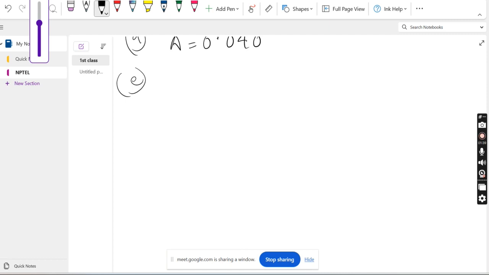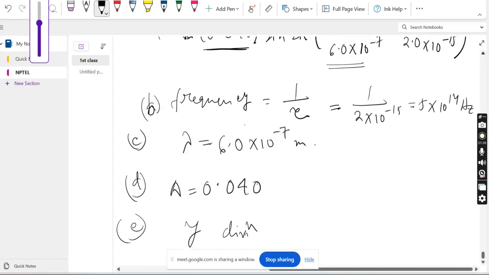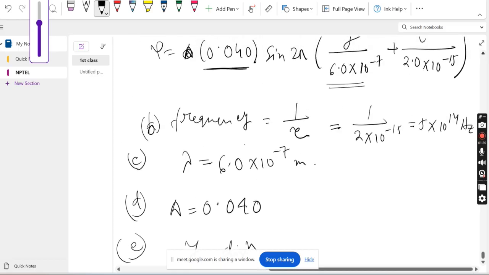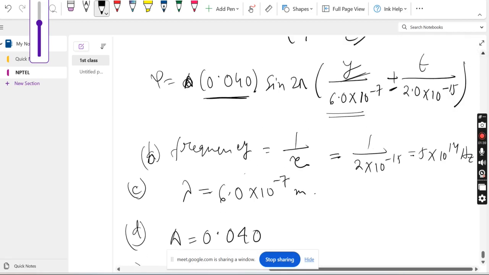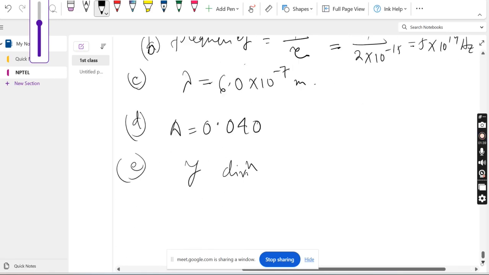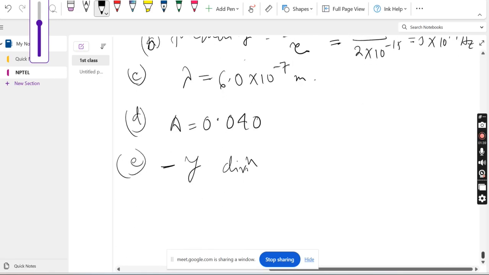And for the direction of propagation, which I have already mentioned, the wave is propagating in the y direction, so that is y in the expression. And this is positive instead of negative, so it is propagating in the negative y direction.